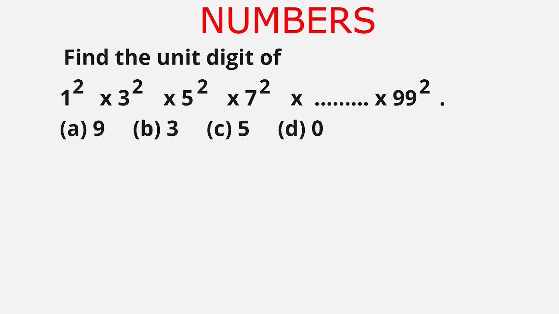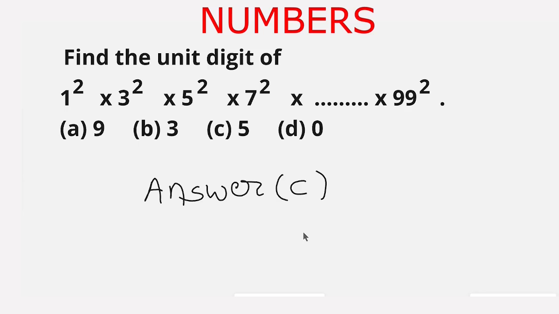And we know that when any number is multiplied by 5, the ones place is always 5. Hence our answer is very simple, and this is nothing else but 5. And from the given options, our answer will be option C, 5.